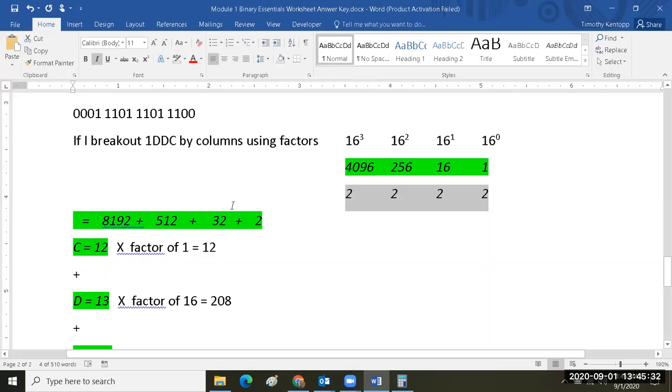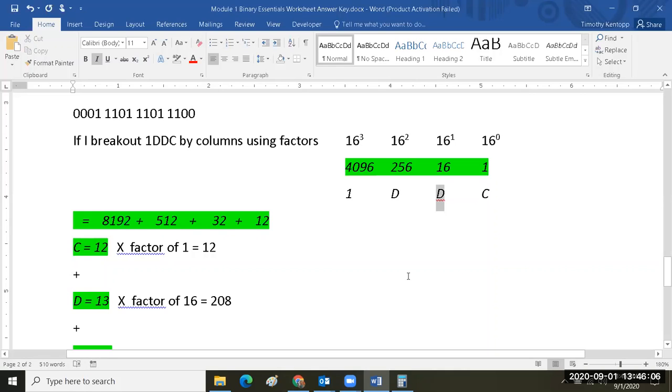So, Aaron, when I'm doing 1 delta delta Charlie, I'm doing the same thing I did with the 2222, except I'm using a value other than 2. So if I have 1, and I have delta, and I have delta, and I have Charlie, Charlie is worth 12. What's 12 times 1, Aaron? 12. Right?